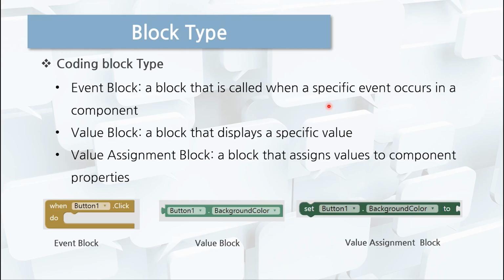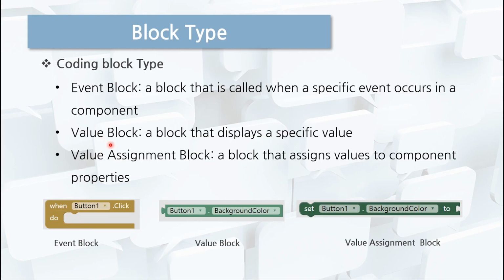Coding blocks can be largely divided into the following three types. One is the event block type. As we saw right before, there is an event, Button1.Click: the user clicks the button. It's a block that is called when a specific event occurs in a component. Here a specific event will proceed.